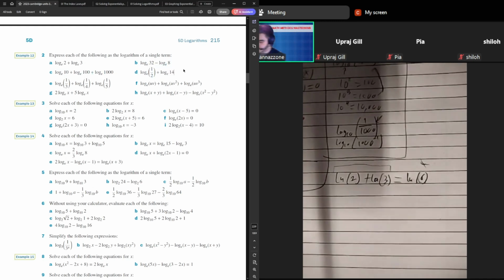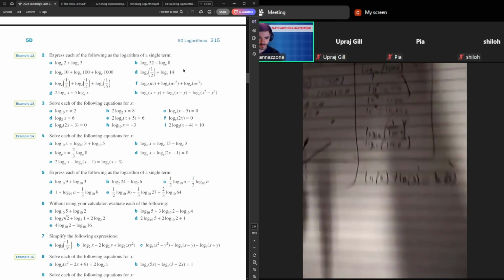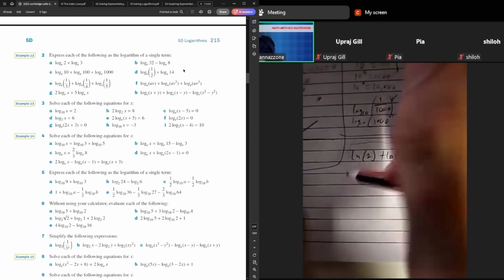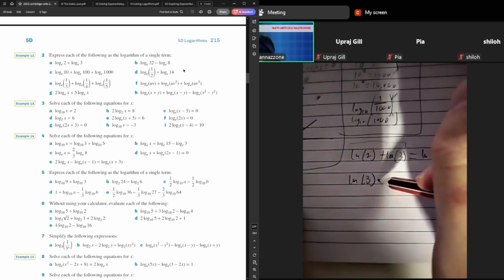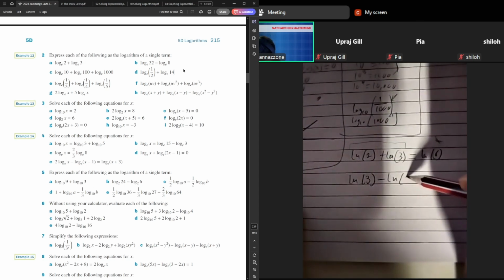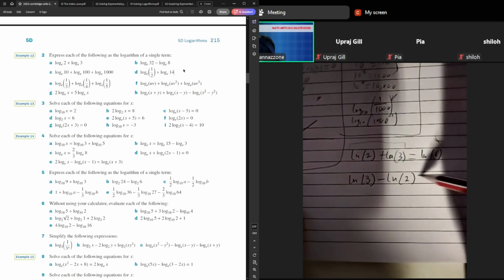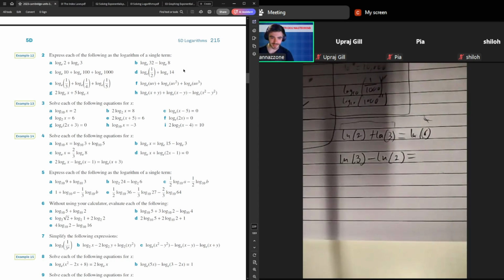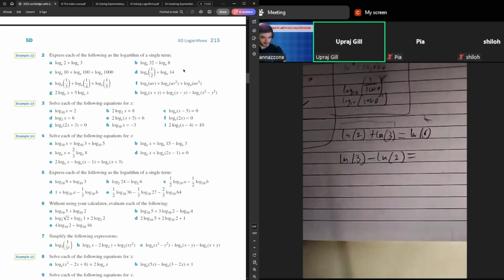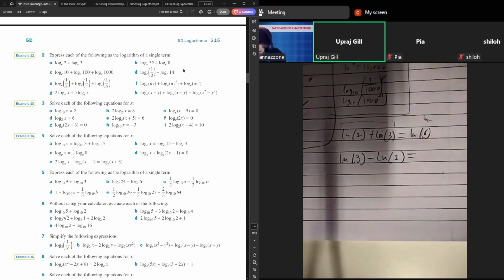Real quick, we'll do part B just to practice the other log law, and then we'll put them together. So I'll just make up my own one. Natural log 3 minus natural log 2. Really inventive, I know. What if it was a minus? What am I doing there? Natural log 3/2. Yeah, natural log 3/2.